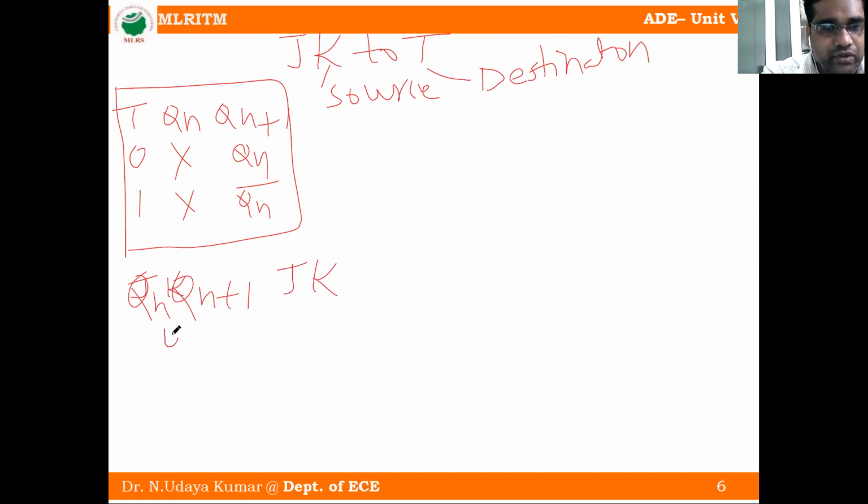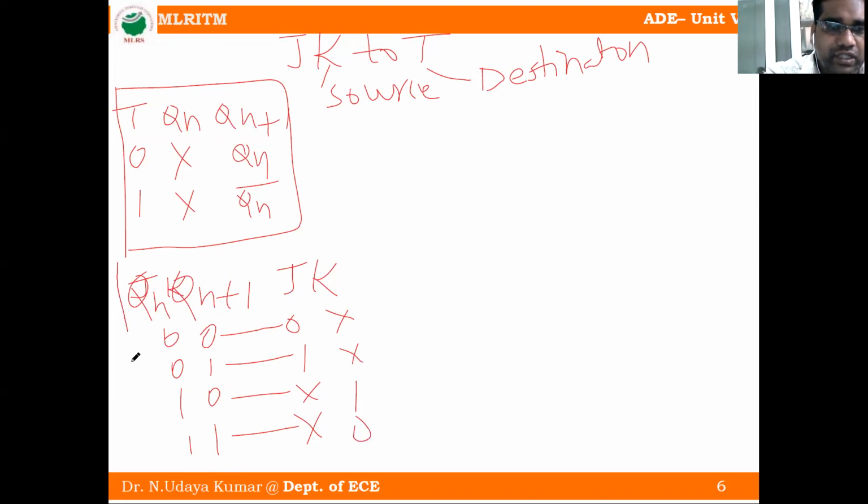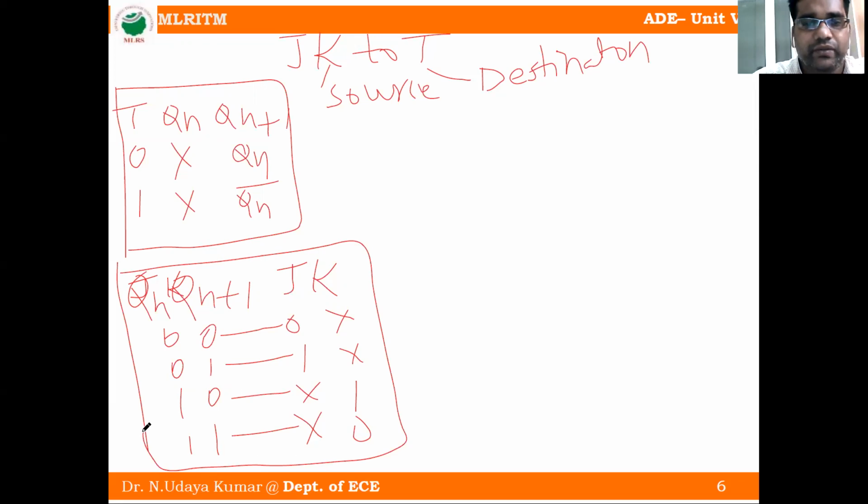So JK: 0 0, 0 1, 1 0, 1 1. So excitation table we will get as it is here 0, 1, and it is don't care. So this one is don't care, this one is don't care. Then we will reverse. So don't care, 1, 0. So this is the excitation table for JK flip-flop.